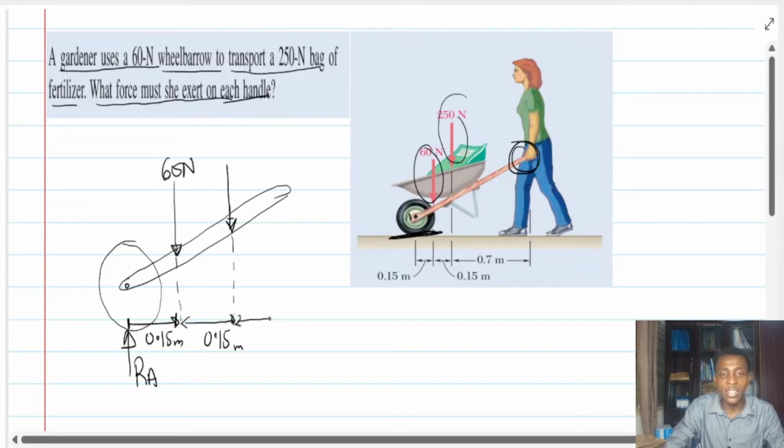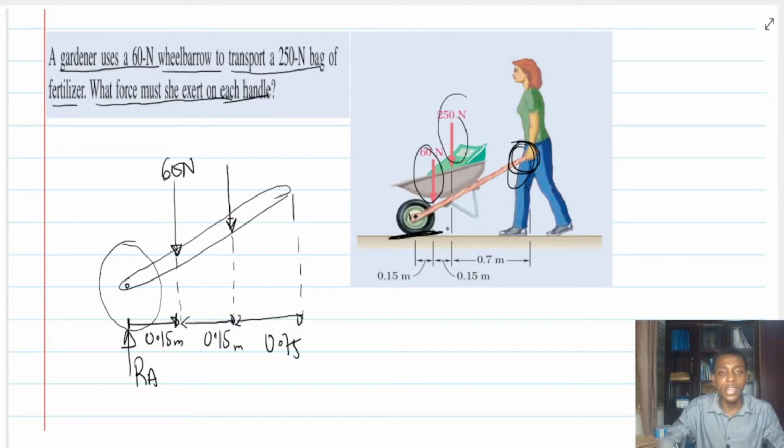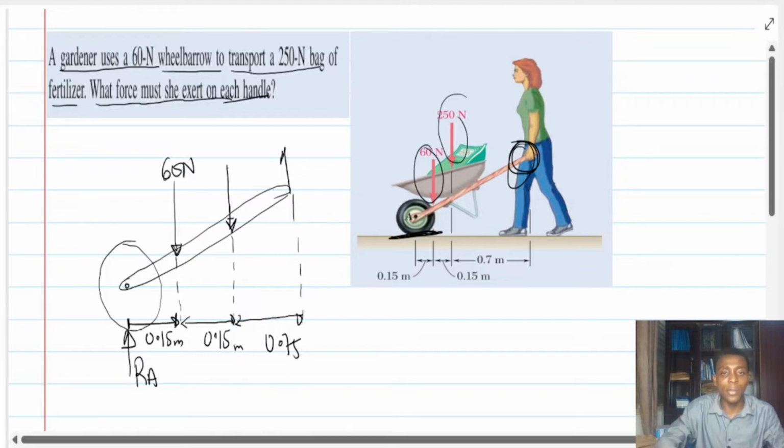And then finally, there is a distance of 0.7 to where her hands are attached. Since she's going to hold it with her two hands, let's assume each hand applies F and F. She's going to lift it, so the direction of the force is upwards. Then this is going to be 2F, where 2F simply means she's using her two hands.